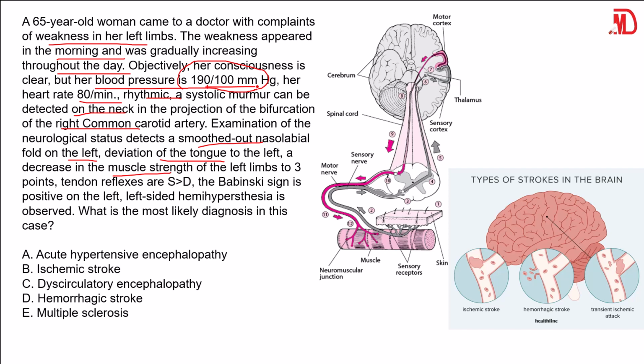But ideally, a CT scan should be provided. So a CT scan will help you to know whether you are dealing with an ischemic stroke or a hemorrhagic stroke. But since there's no CT, then we use the history to tell. And that is over here. You are looking at B as your answer, ischemic stroke.